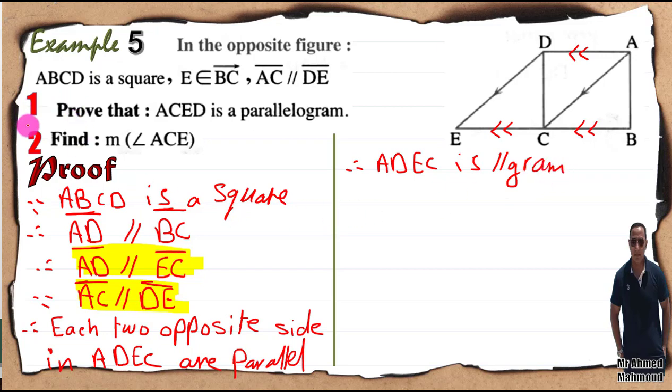This is the first requirement. The second requirement: find the measure of angle ACE, this angle.